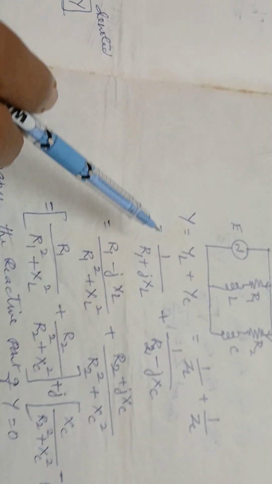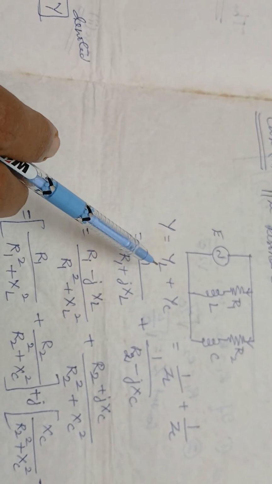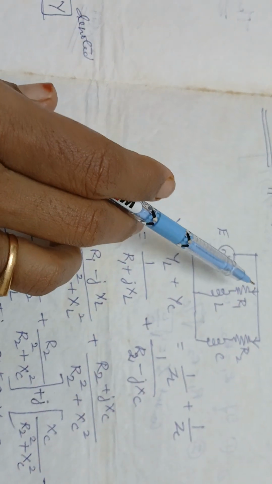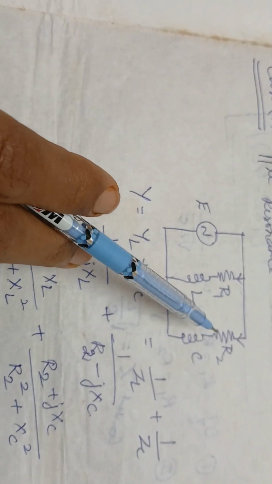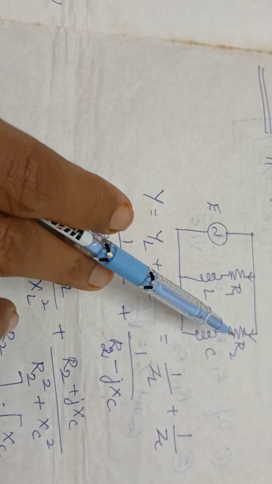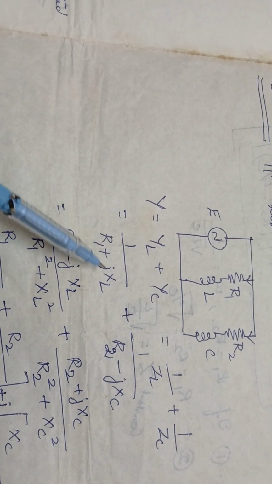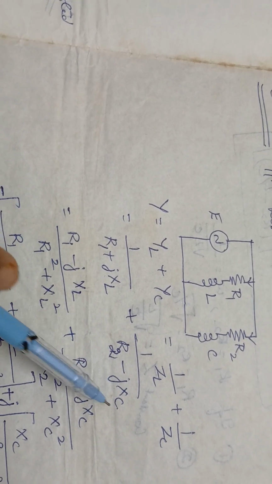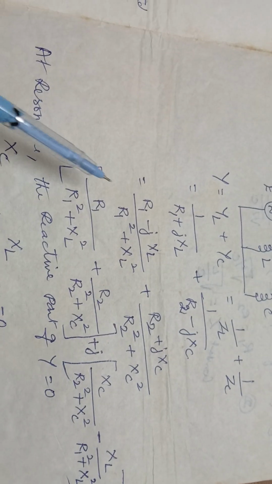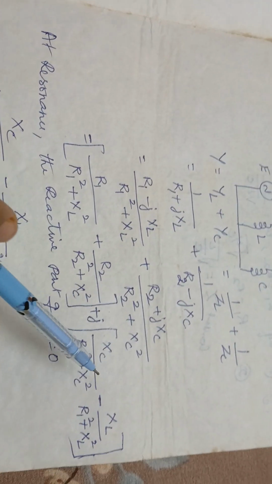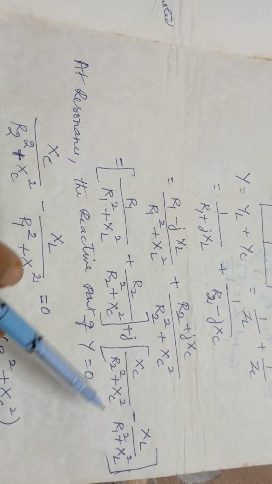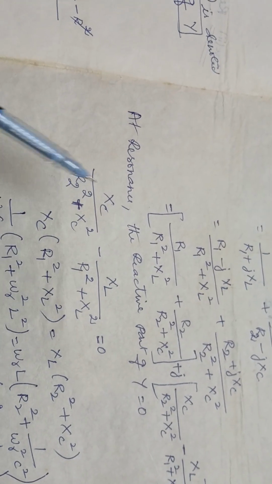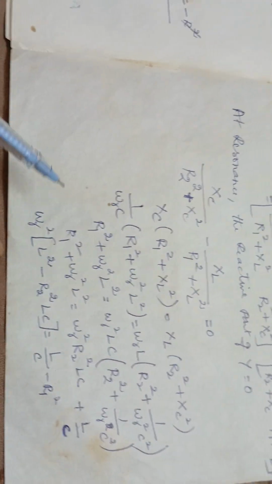Similarly, here this leg has R1 and L, and the other leg has R2 and C. After simplifying in the same way, we equate. This is the active part and this is the reactive part; the J term is called the reactive part. We make the reactive part 0 for the resonance condition and find the expression.